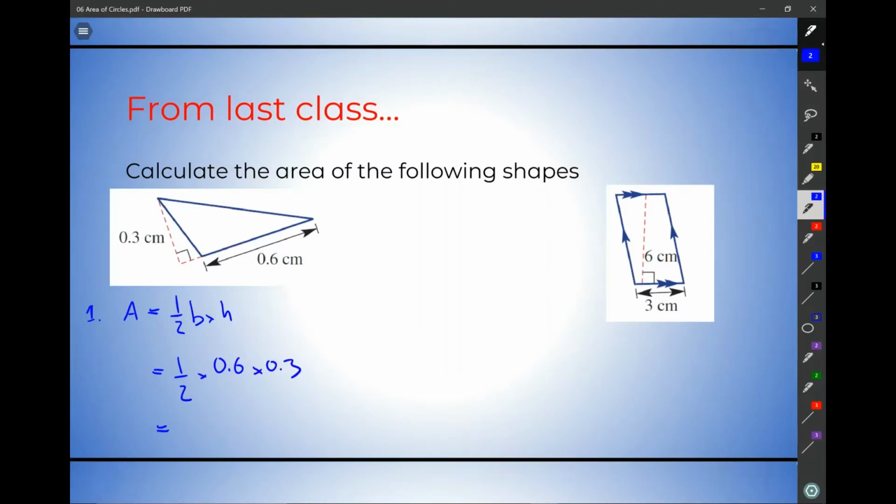And then we put that into our calculator. And then our answer comes out to 0.09 centimeters squared.